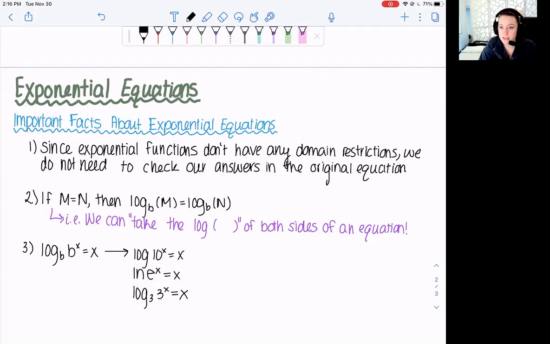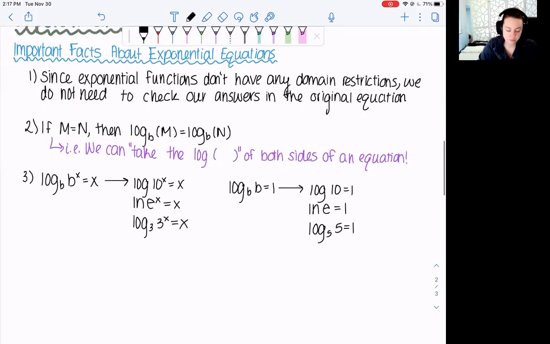So log base b of b is 1. So log of 10 is 1. ln of e is 1. Log base 5 of 5 is 1. Again, rules we already have, things we've already seen, but we're just going to repeat it. Last piece of fun information.